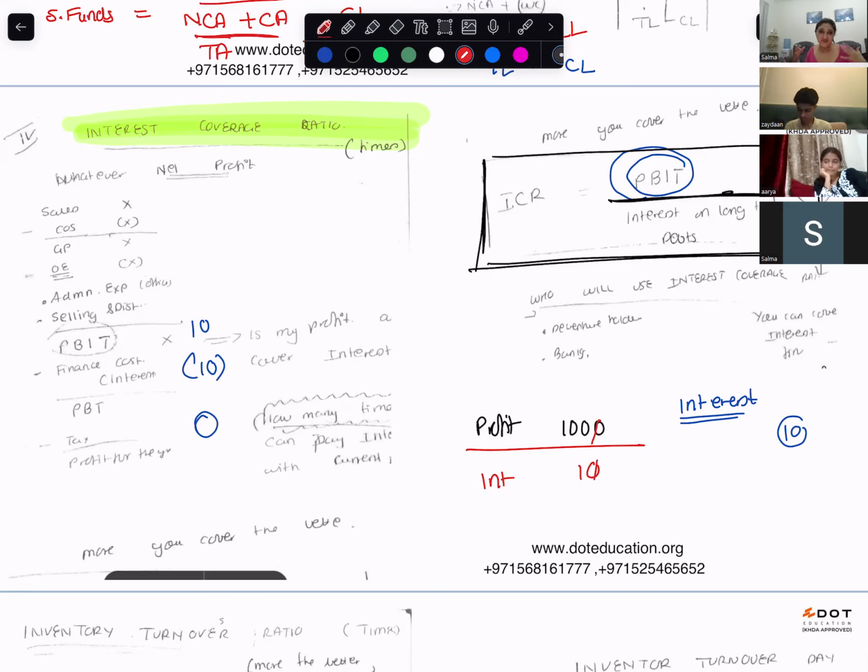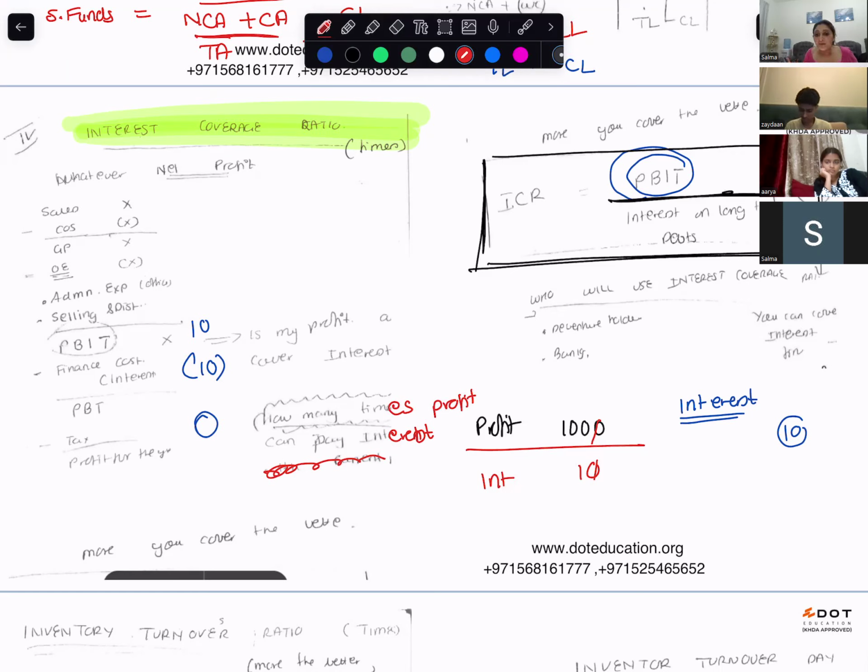That means your profit is so much sufficient that you can pay 100 times interest without earning more. Okay? So interest coverage ratio tells you how many times profit can pay interest, or how many times you can pay interest with your current profit.